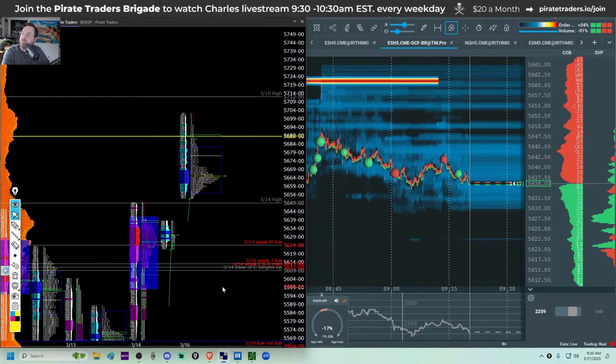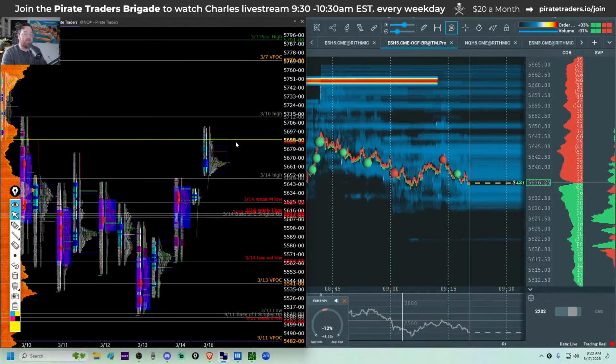GH says, how far back of support and resistance do you look at to use? And at what time frame? So it's a great question. I believe all old levels always matter, right? So if a level was support and resistance in the past, it is likely to be support and resistance again in the future.